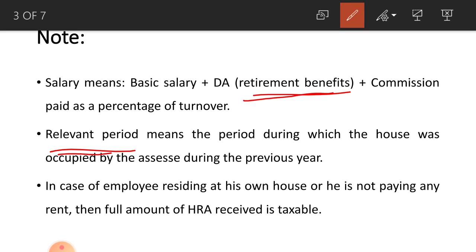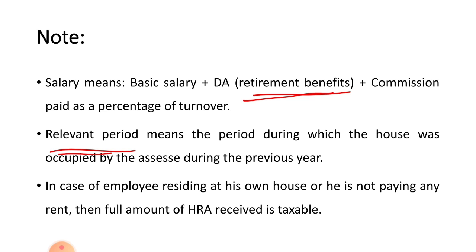Next one, in case of an employee residing in his own house or not paying any rent for the house, then the full amount of HRA received is taxable. That means if the employee is residing in his own house or else he is not paying any rent for that house, that is he is living in the house of his father or in his wife's house, then the full amount of HRA received, if he receives any HRA, is taxable.